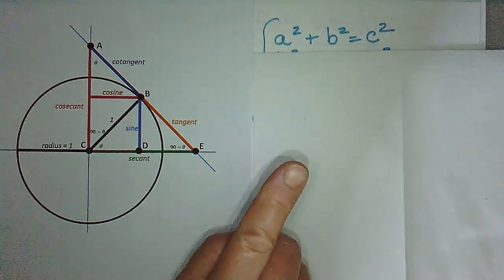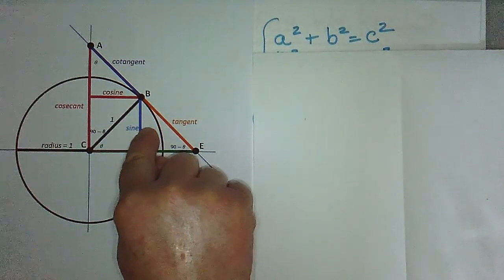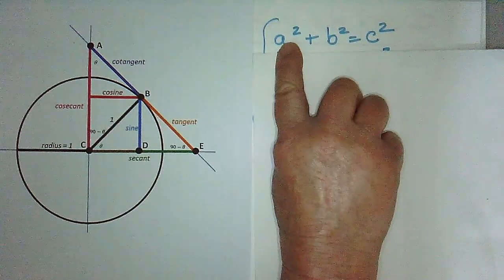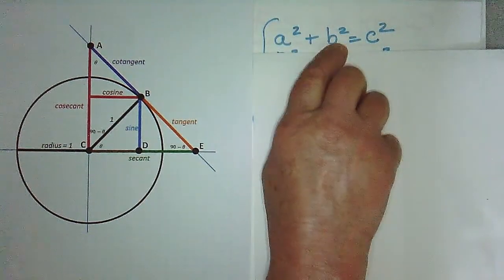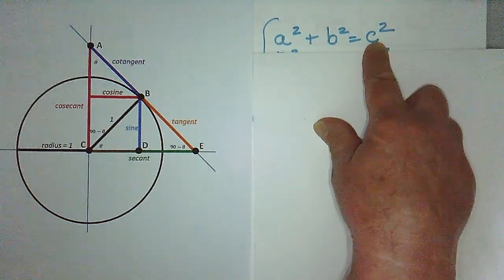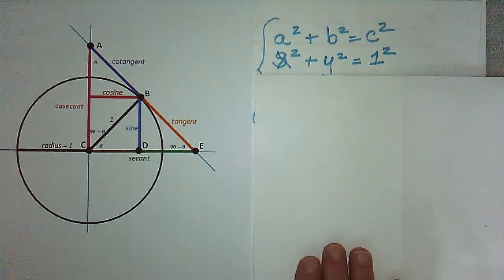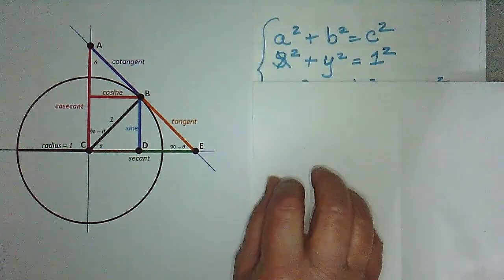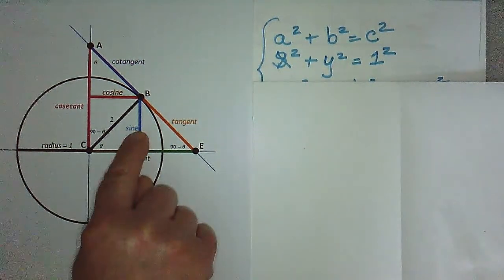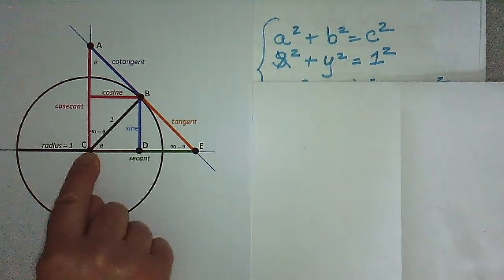Let us recall that the squares of the two sides of a right triangle have a special relationship with the hypotenuse. When you add these together, it equals the square of the hypotenuse. And when we were doing our triangles, we extrapolated that to include that x squared plus y squared equals 1 squared on the unit circle.